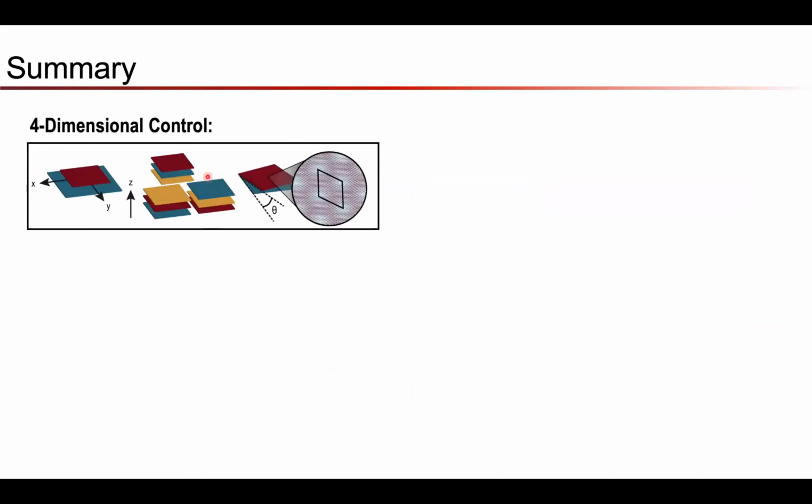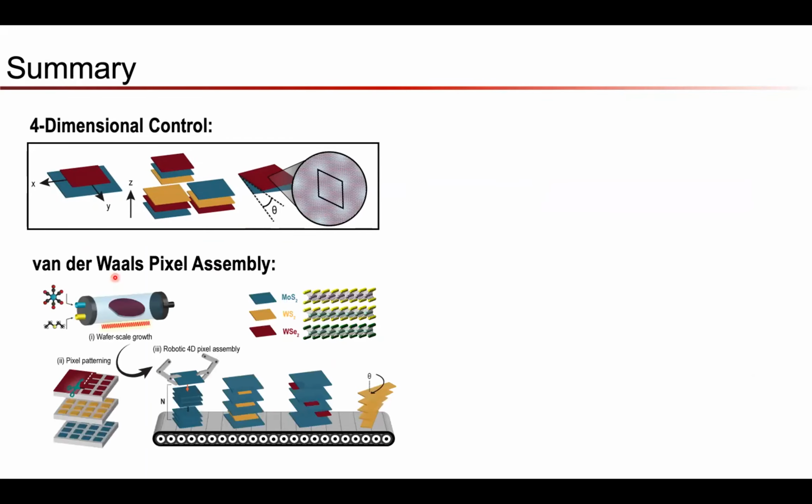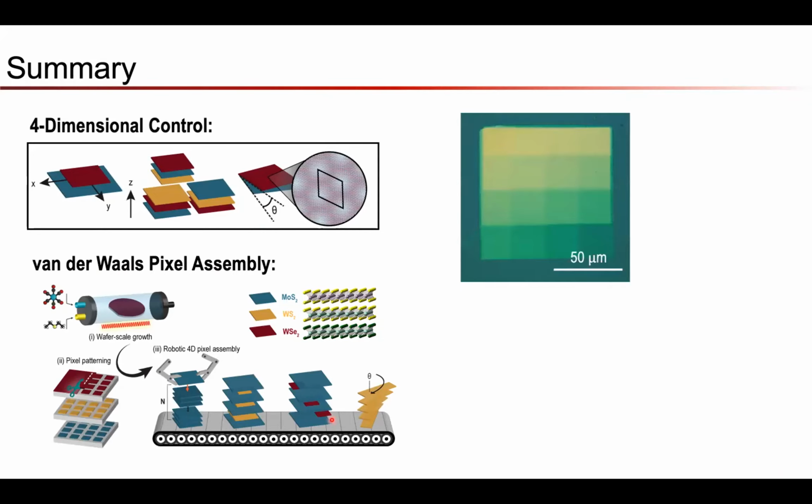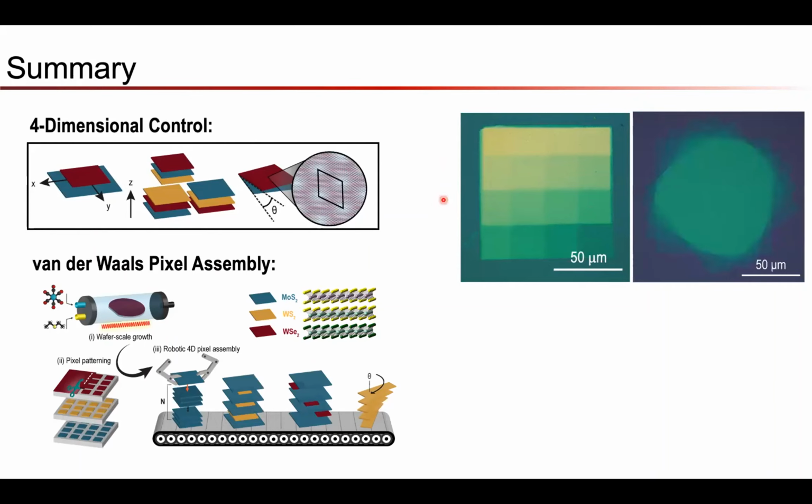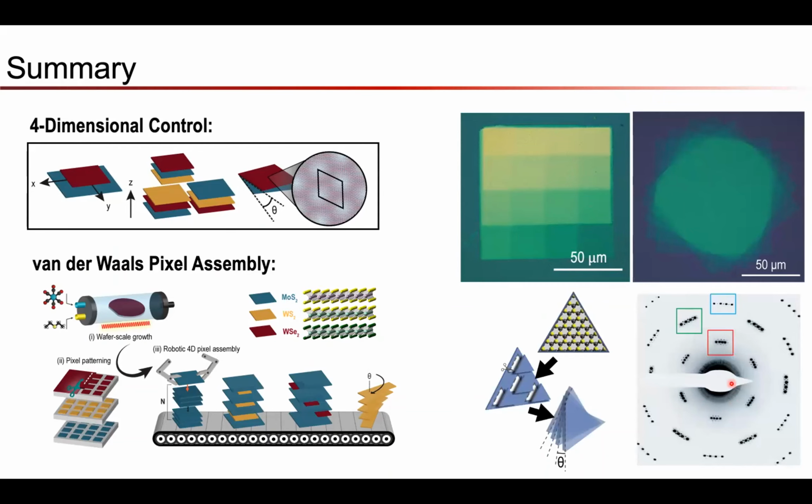And so with that, I'd like to conclude today by noting that we've achieved 4-dimensional control over the assembly of 2-dimensional materials, both in X and Y, in terms of vertical composition and in terms of interlayer rotation, using our van der Waals pixel assembly technique, which employs large-scale growth, clean patterning, and automated assembly. And this has allowed us to produce very complex heterostructured solids that have complicated internal geometry to produce many-layered twist engineering. This is something that we've used to demonstrate new reconstructive phenomena.